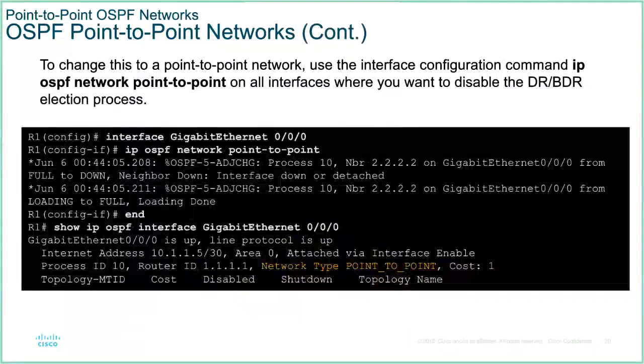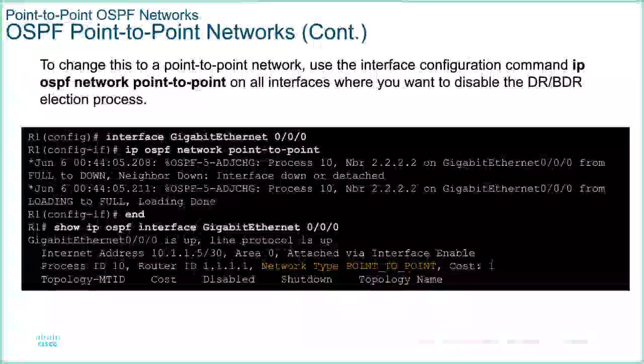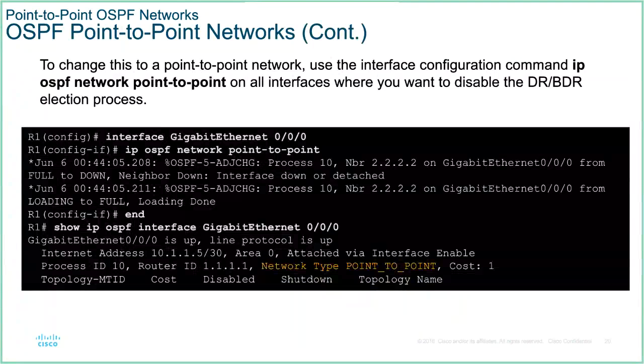Next is how we change that network type from broadcast to point-to-point. So we go into the interface that we want to configure as a point-to-point, and we configure it with IP OSPF network point-to-point.